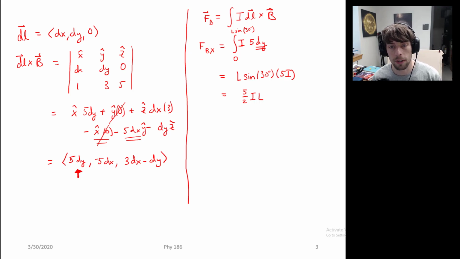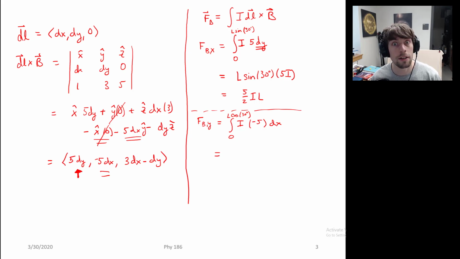How about the y component? F_B in the y direction. What do I get there? Well, I have an integral of I, and the y component is given by -5 dx. What are the limits of integration for x? Good. Cosine of 30 degrees.